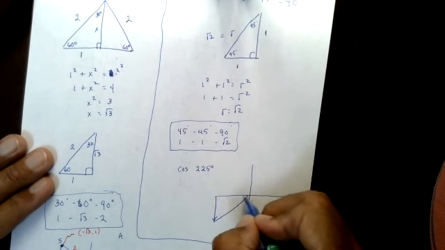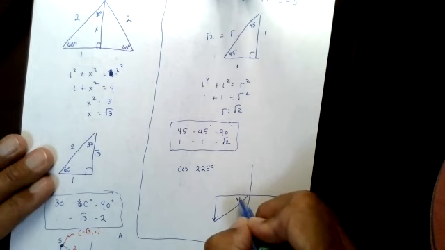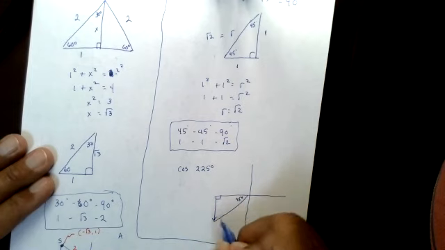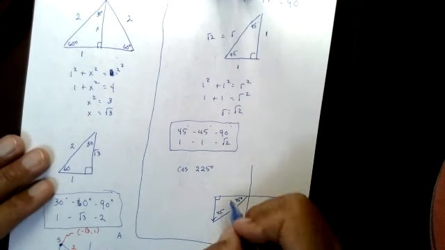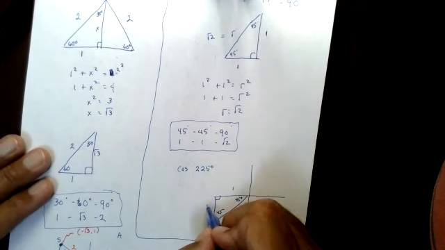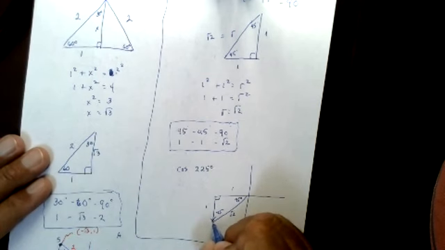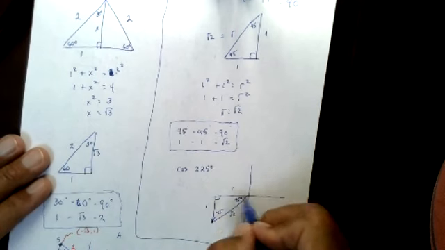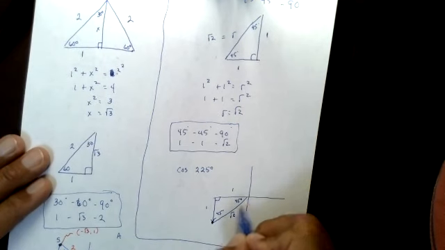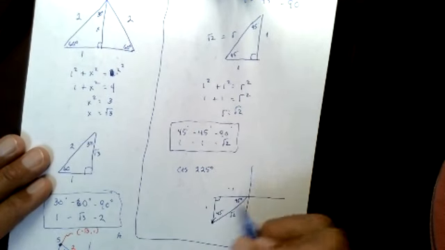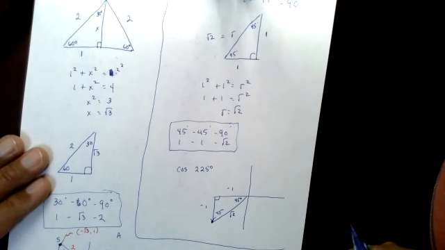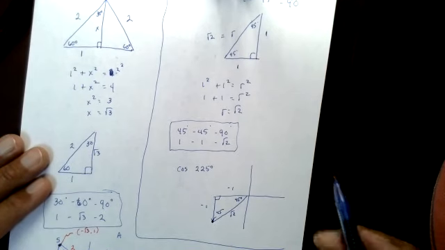Here's my reference angle. This happens to be a 45. This happens to be a 45. So if I start putting in across from both the 45s, I put 1. And I know this is going to be the square root of 2. This point at the end of this line would be coordinates -1, -1 by location.